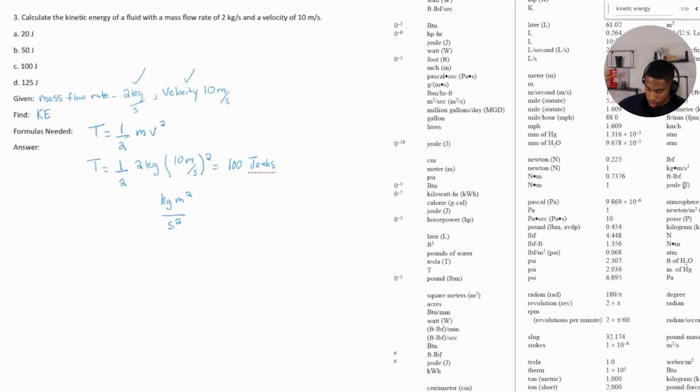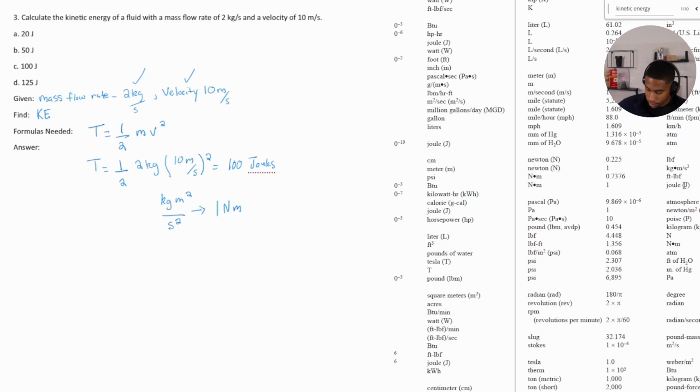Yep. So if that was the case, this is the same thing as saying 1 Newton times meter.